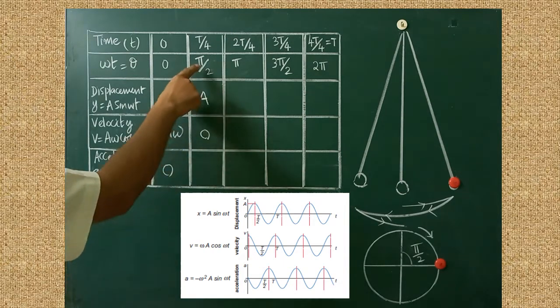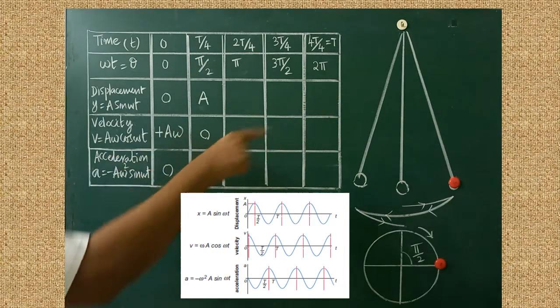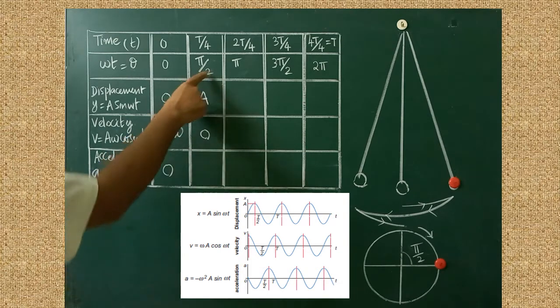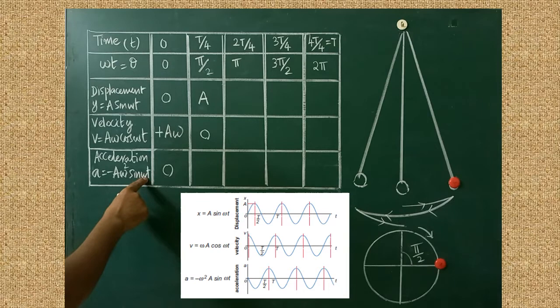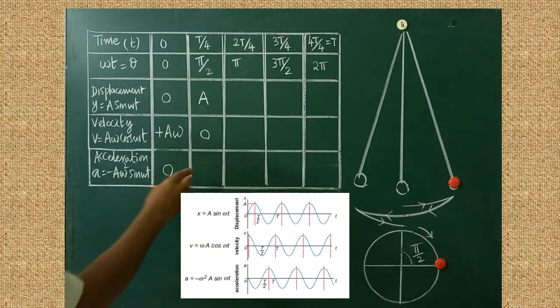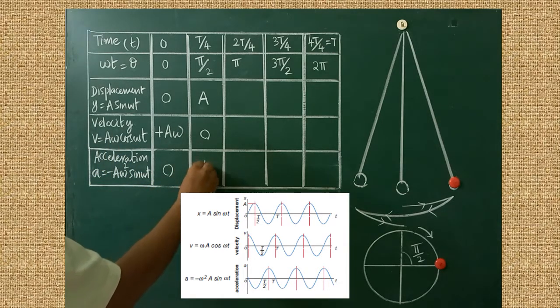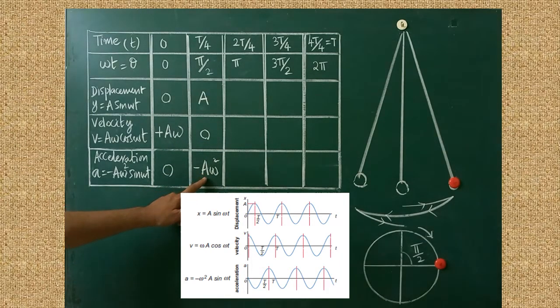And let's calculate the acceleration at the right extreme end. Instead of omega t, sin 90. Sin 90 value is 1. So therefore the acceleration value will become minus a omega square. Are you clear? So acceleration reaches the maximum value in the right extreme end. Why the minus sign?